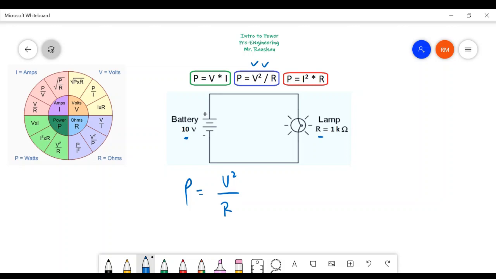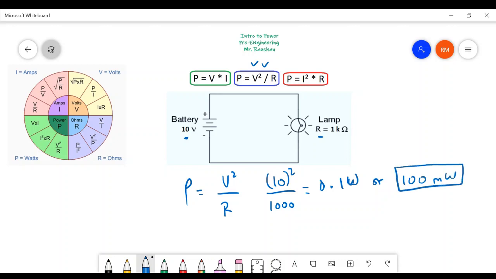And we substitute the numbers for V, so it will be 10 squared, and R is 1,000, and we get 0.1 watt. Or you can say 100 milliwatts. So that's my answer.